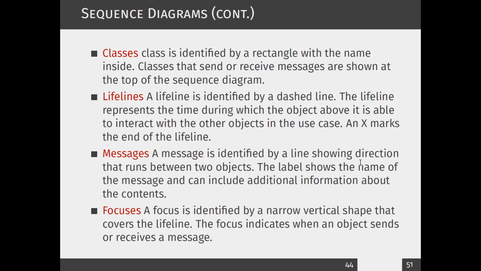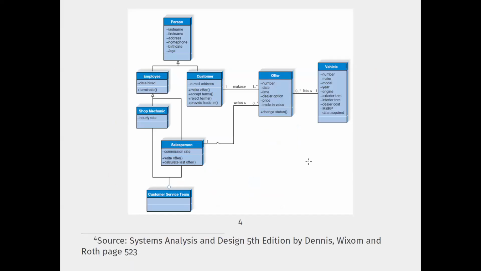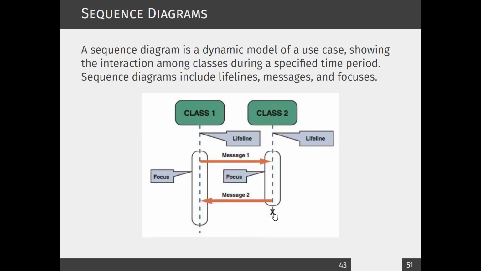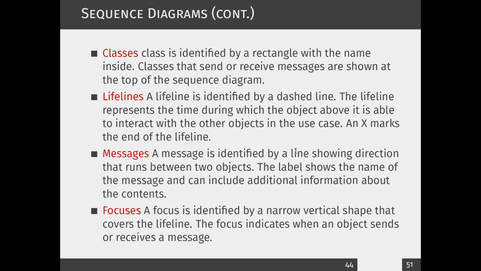They are identified using a dashed line, and this indicates the time during which the object is able to interact with other objects. And the cross mark is the end of the lifeline. So you can see from the previous, this is the end of the lifetime of class 2.